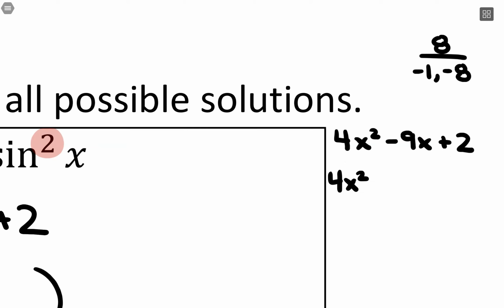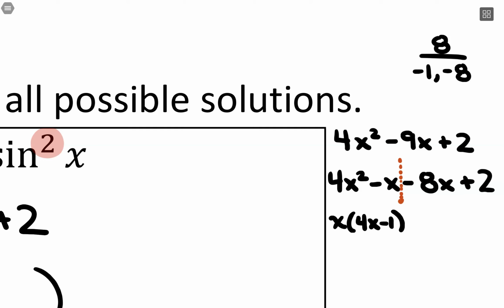So some algebra review here. Again, there are a lot of different ways to go about this, but this is one way that's often taught in math classes. So what I do is I use that to split up my -9x. So this is still -9x. I just split it up with a -1 and a -8. And then we can factor by grouping. So looking at that left-hand side there, there's a common factor of x.